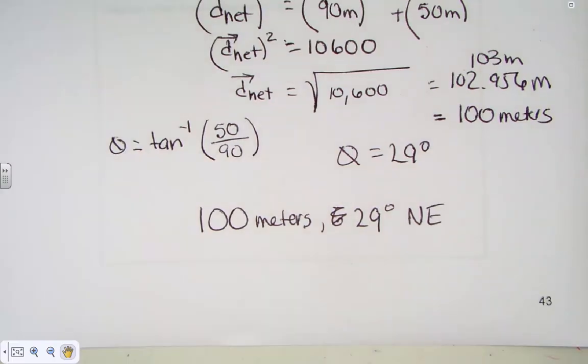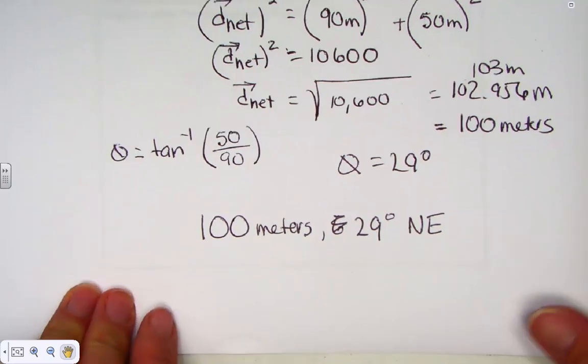We've reported the length of the hypotenuse by using Pythagorean's theorem, and we used the inverse tangent of opposite over adjacent to pull out the degree, the theta, and found it to be 29 degrees north of east.